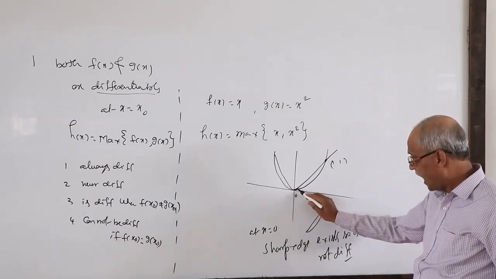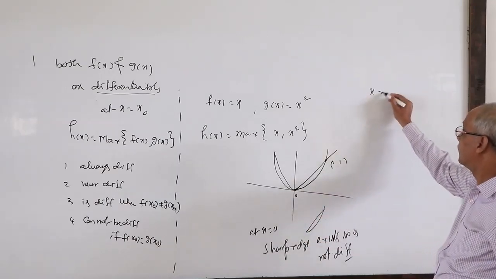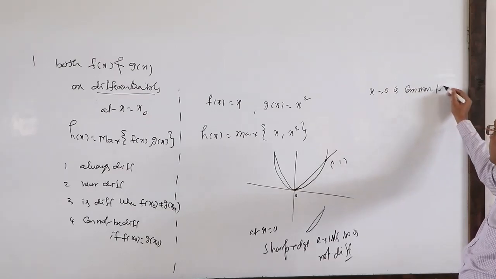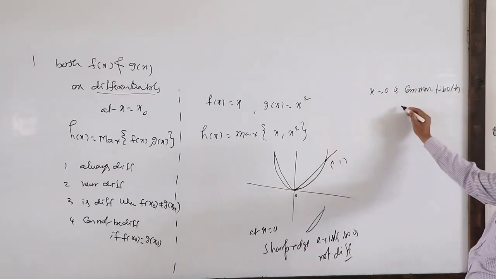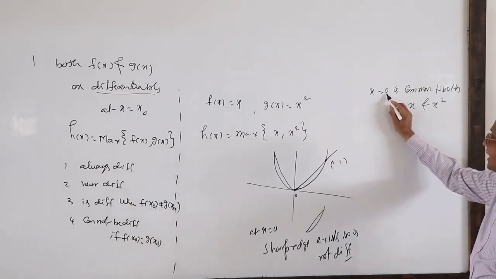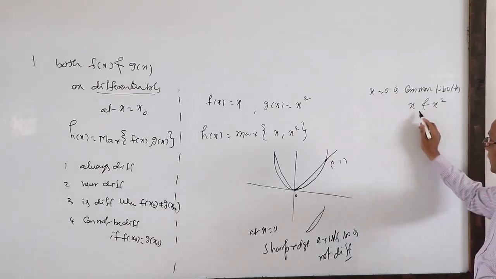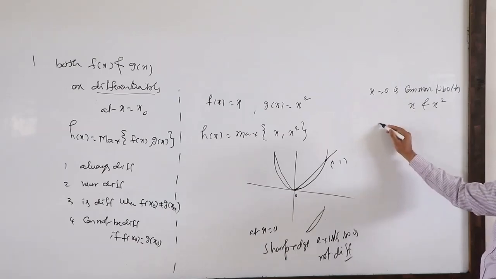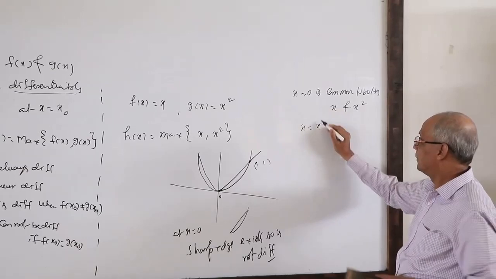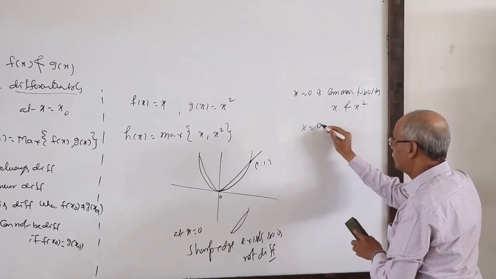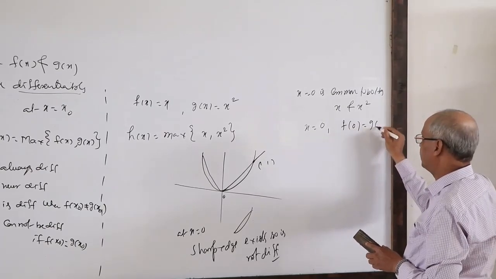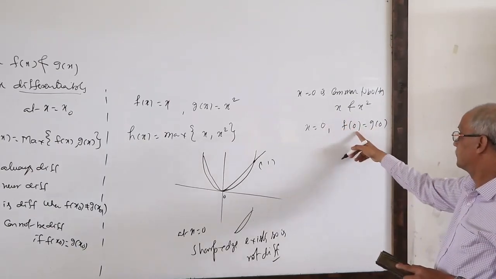X equal to 0 is common to both, the point of intersection. Instead of that, I am writing common to both x and x square. What is implied? The x naught value is the same for them. What is the observation? At x equal to x naught, suppose x equal to 0, f of 0 is the same as g of 0, that is 0, 0.